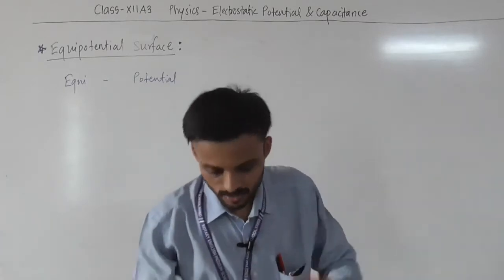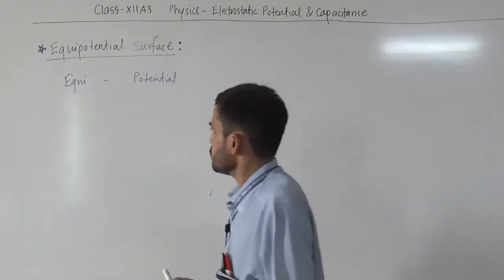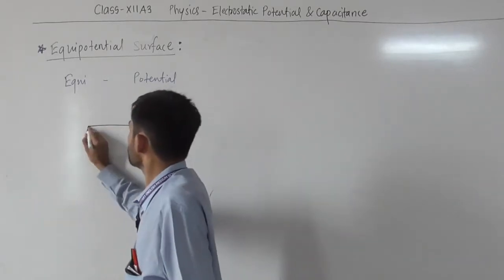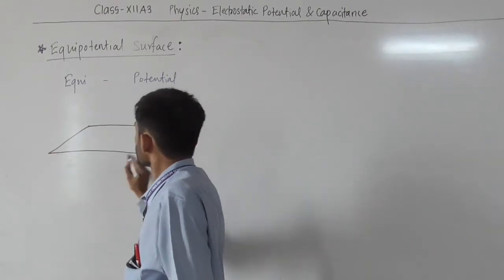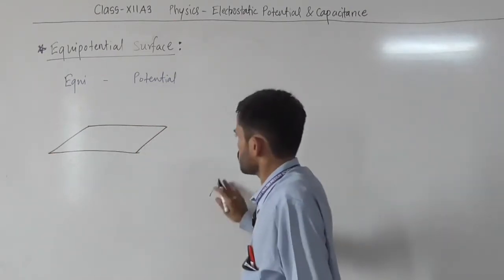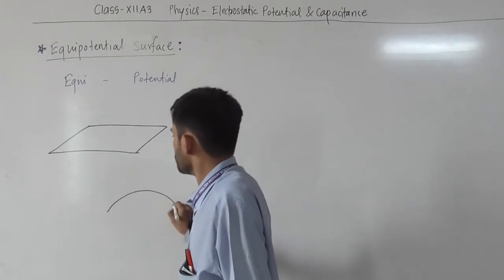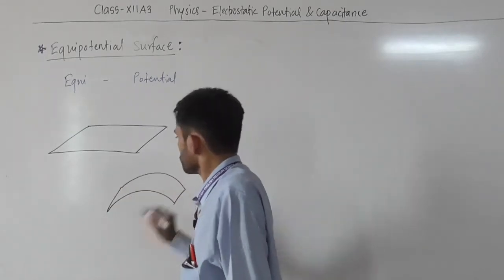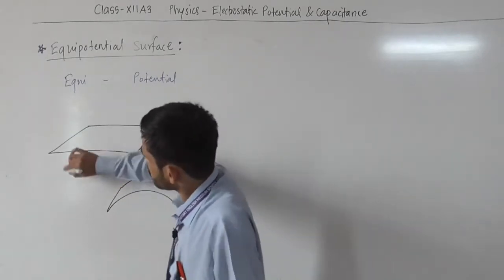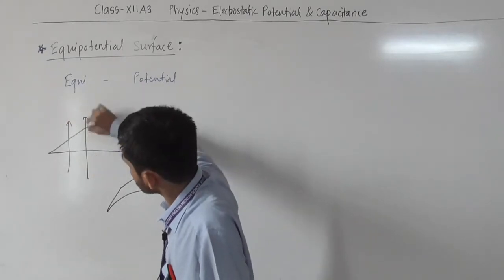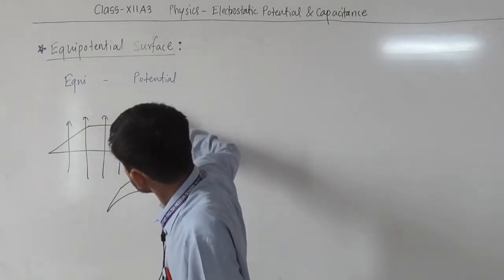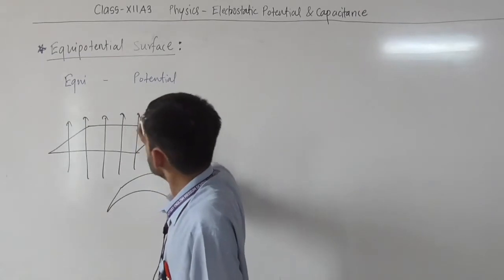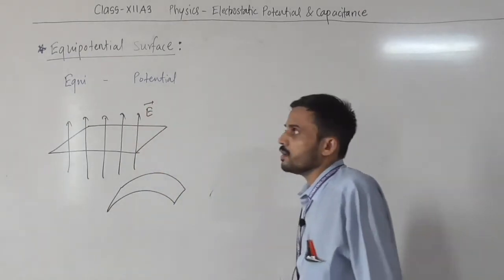So let us have one surface. Suppose this is my surface. Now suppose here the electric field is like this.